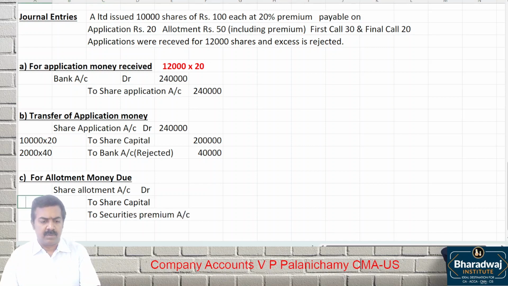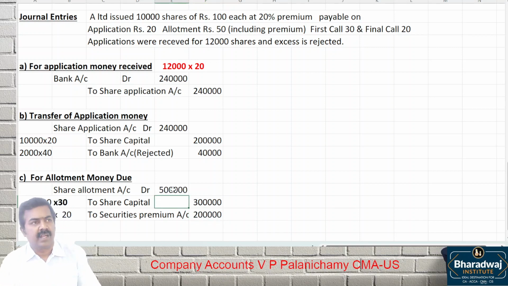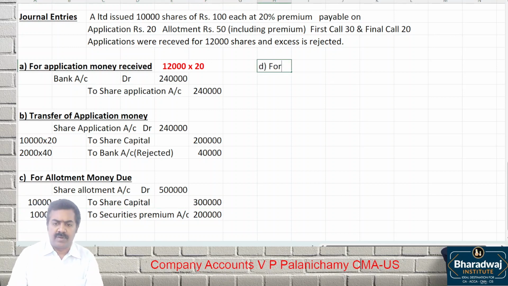What will be the share capital amount? 10,000 into 50 rupees, but it is 20% premium. 100 into 20%, what is the premium? 20 rupees premium, so 30 rupees will be the capital. How 30? 50 minus 20. Premium is 10,000 into 20, which is 2 lakhs. Capital is 3 lakhs. Total 10,000 into 50, 5 lakhs due. Any doubt? Next, pay attention. For allotment money received.